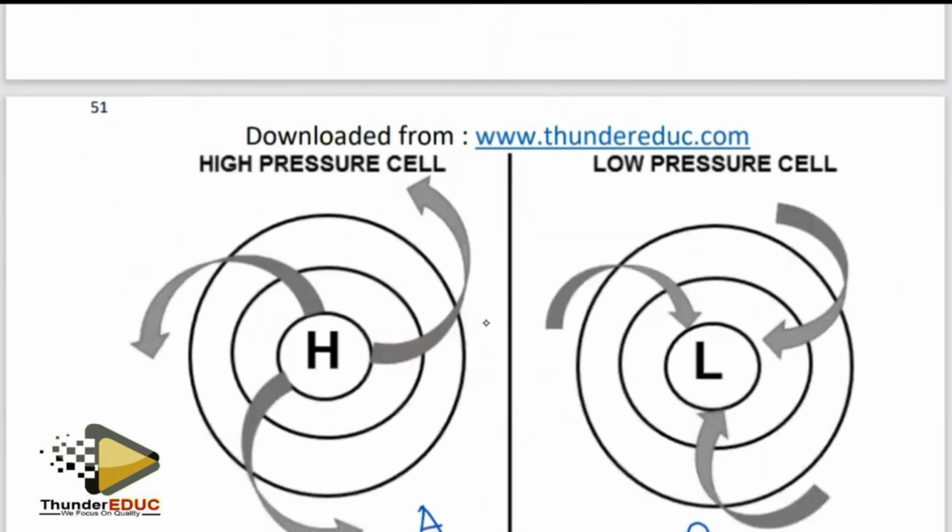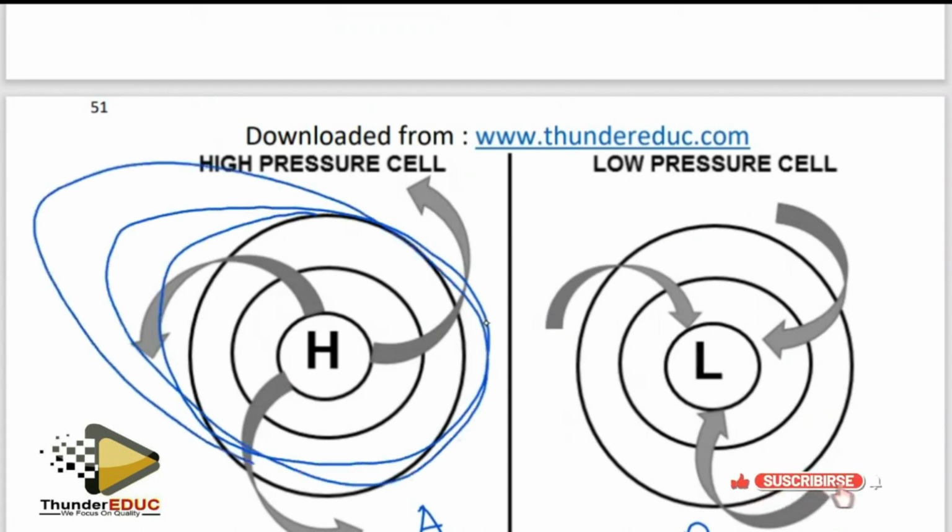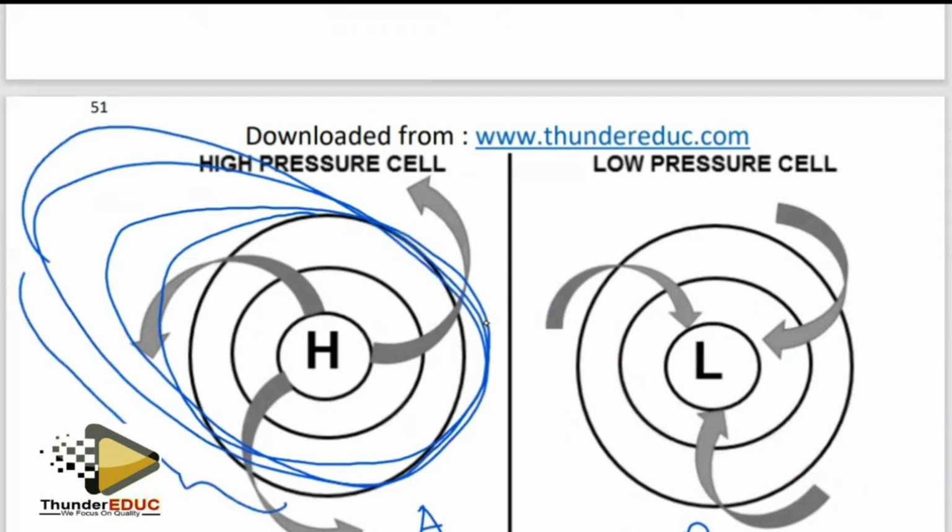So what they mean is something like this is happening. You see isobars extending away. So it means this is elongation. So this part here, you can see what we refer to as ridging.